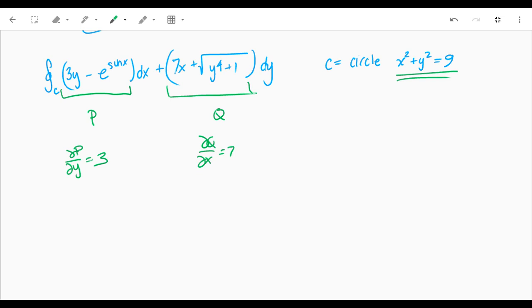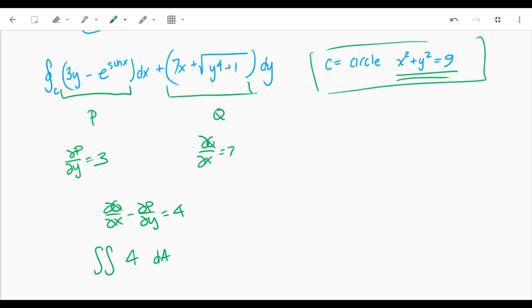So dQ/dx minus dP/dy is 4, okay? So we want to do the double integral of 4 dA, okay? And then since our region is a circle, we're now going to switch to polar.